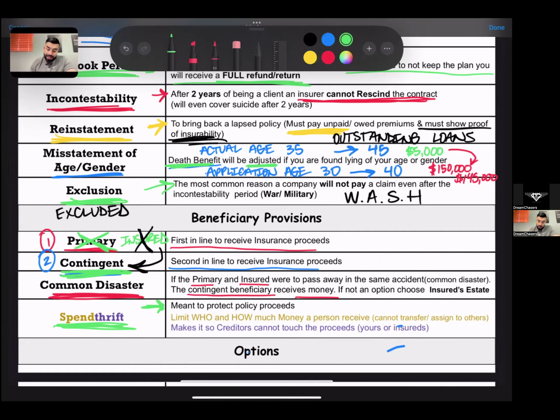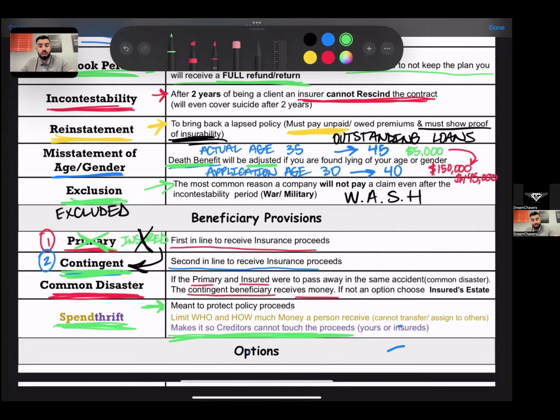And the second part of the spendthrift clause is that it makes sure that creditors cannot touch the proceeds of that death benefit. So, for example, let's say the husband owed $100,000 to Bank of America. He passes away. Then Bank of America somehow gets wind that he had life insurance.